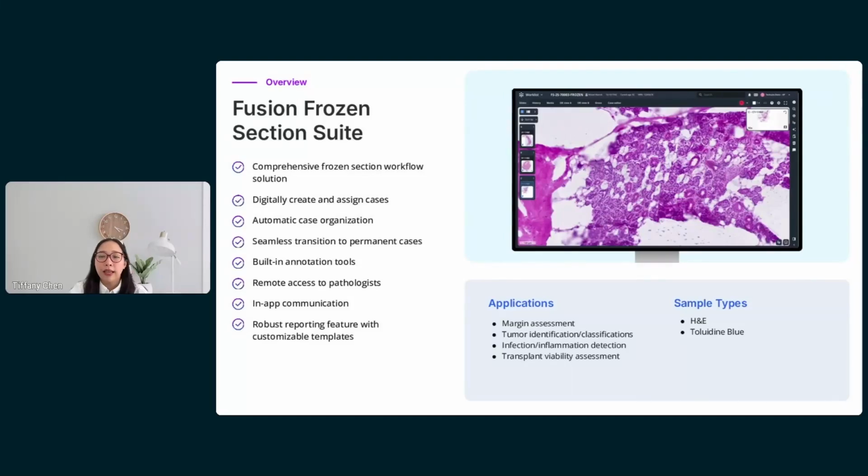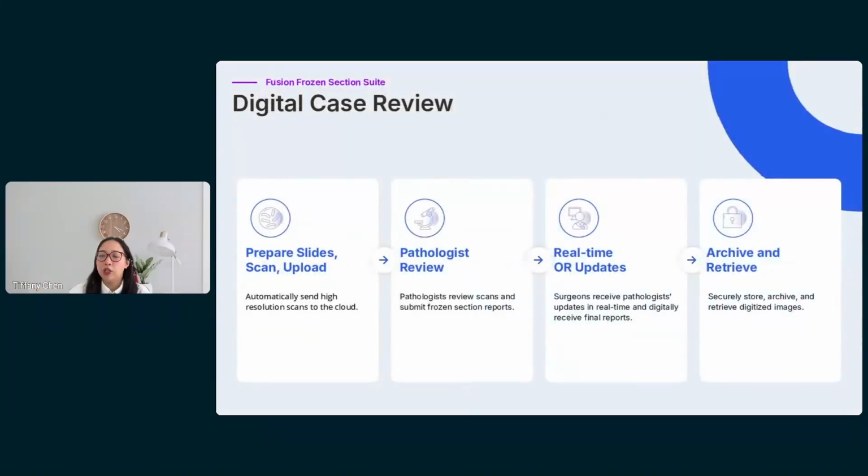All of that lives within our history tab within Fusion. Our history tab is a view where the pathologist can see all the patient information coming from that patient's EHR. And that really limits the number of applications the pathologist needs to have open at any given time.